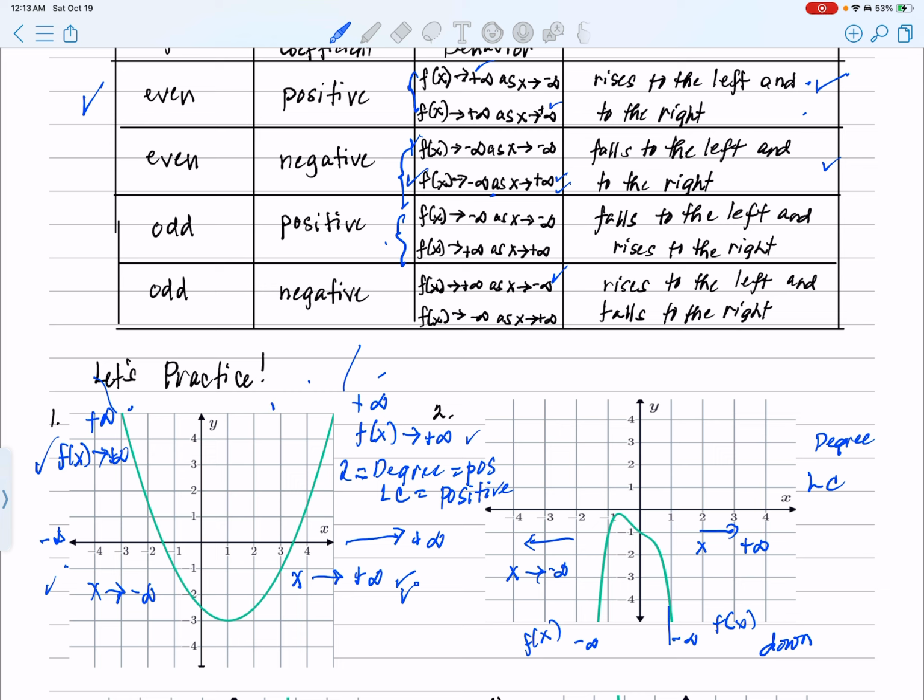This one is where both are facing up. It falls left and right. That means our degree is even right here, and the leading coefficient is negative. That's how you see it, by looking at the table.